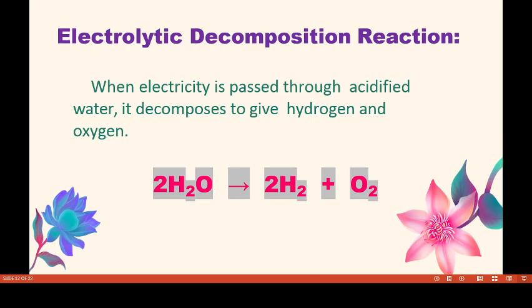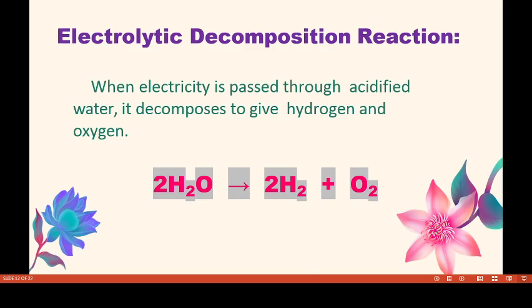When an electric current is passed through a compound to decompose it, such a reaction is known as electrolytic decomposition reaction or electrolysis. So another name for this reaction is electrolysis.